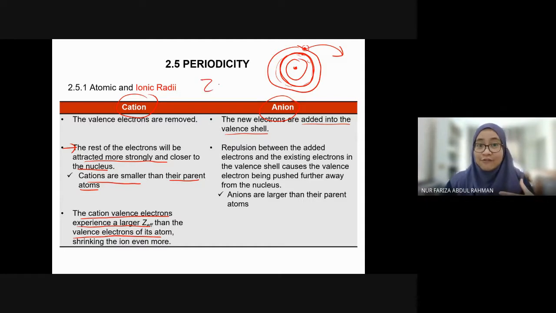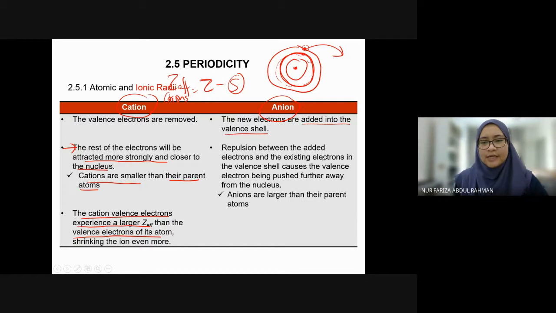So when you calculate Z minus S, the Z effective for ions, for cation to be specific, you have to consider the S is now less than the original atom. Because part of the inner electron now has to become the valence. Okay, right. So that is what we call cation, and repulsion between the added electron and the existing electron in the valence shell causes the valence electron to be pushed further away from the nucleus.